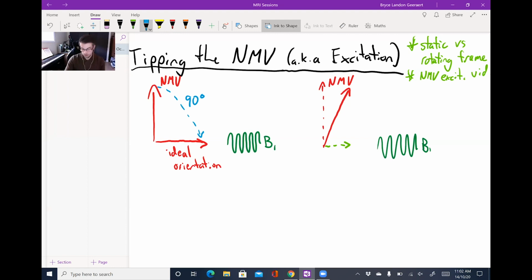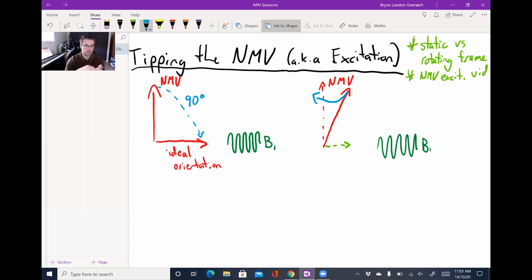So this NMV is immediately going to start wheeling away from the B1 field, which is not ideal, because we know that the net magnetization vector and all of its component hydrogen atoms are spinning millions of times a second, megahertz, right? So it's spinning very fast, and that means even in the fractions of a second that are required in order for the NMV to tip down into the transverse plane, because the net magnetization vector is spinning, it's no longer going to be well oriented or lined up with the B1 field.